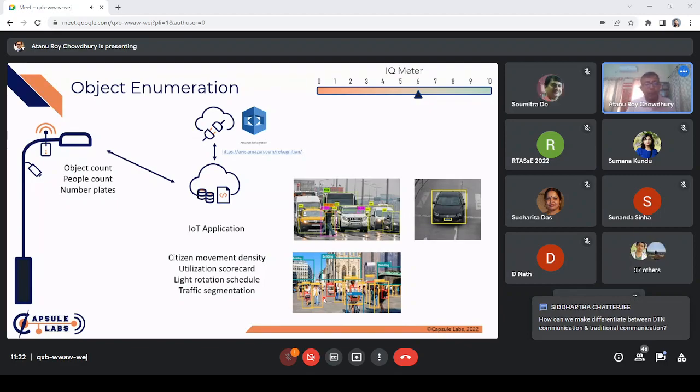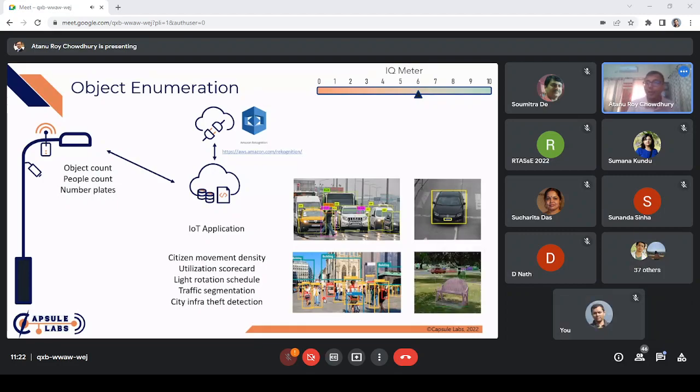I can even use these smart street lights now to keep track of public property. Keep a track of how many benches are around, how many local gates are around. So I can do image classification, object localization, object detection, instance segmentation.